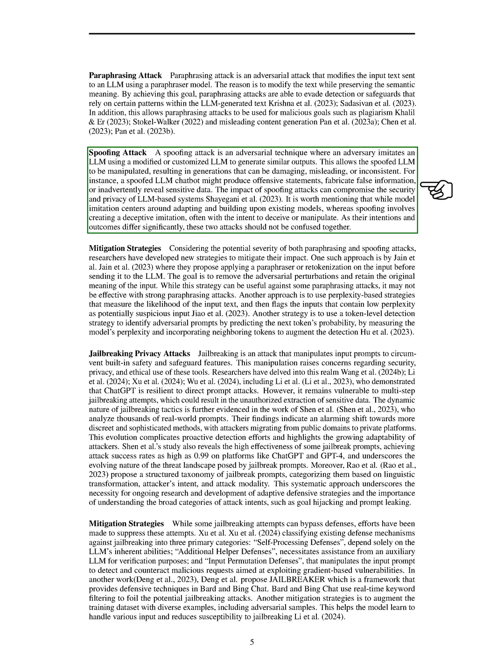The consequences of spoofing attacks can jeopardize the security and privacy of systems that rely on LLMs. It's important to note that while model imitation focuses on adapting existing models, spoofing is about creating a deceptive imitation with the intent to mislead. Therefore, we should not confuse these two types of attacks, as their purposes and effects are quite different.